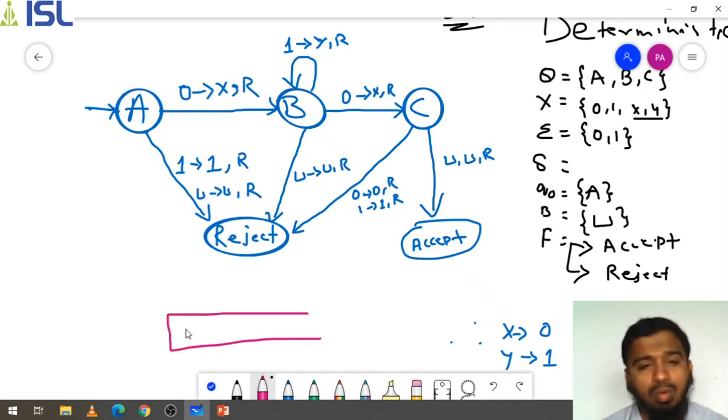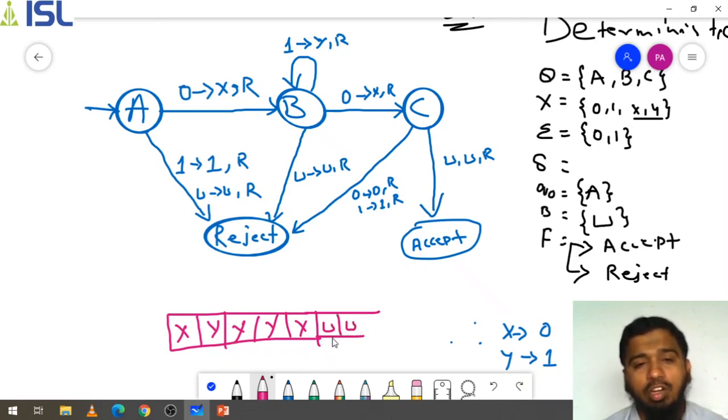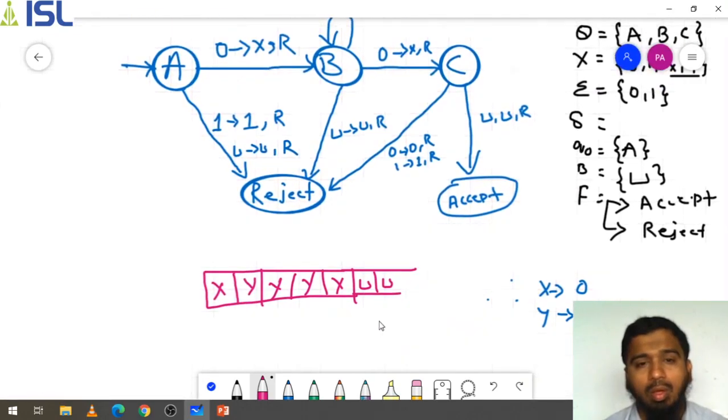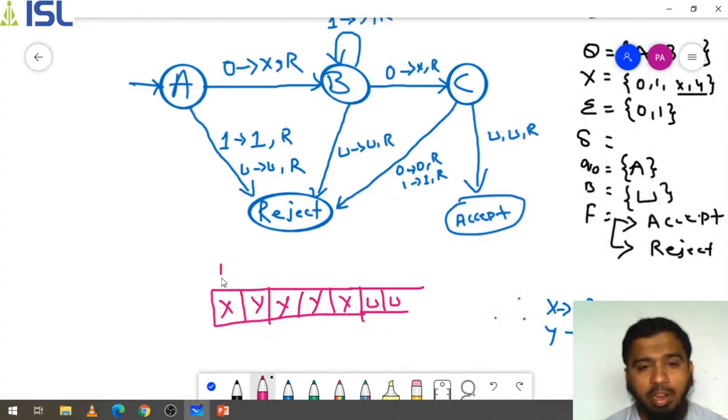In this tape we have the values x, y, y, y and x, here blank, blank. As I told you, blank is not a subset of the input symbols. Okay. So this is my tape head.